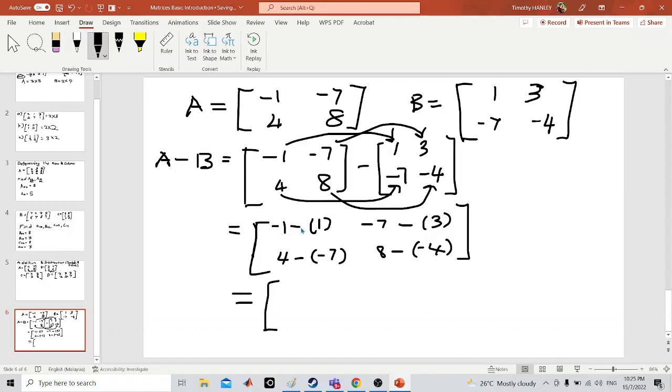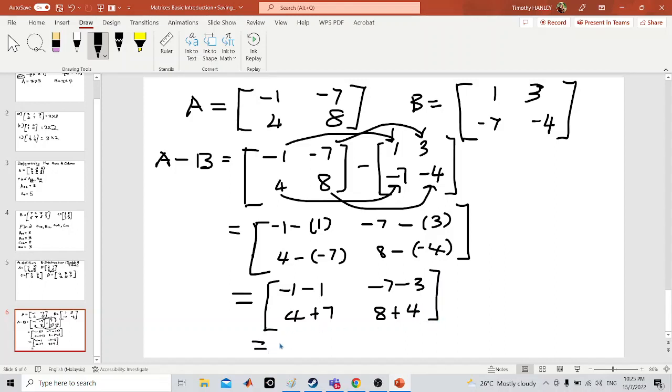So it's -1 minus 1, -7 minus 3, and 4 minus -7. For this type of question, you guys have to solve the sign first. Negative is positive, so 4 plus 7, and this one is negative, it's also positive, so 8 plus 4.